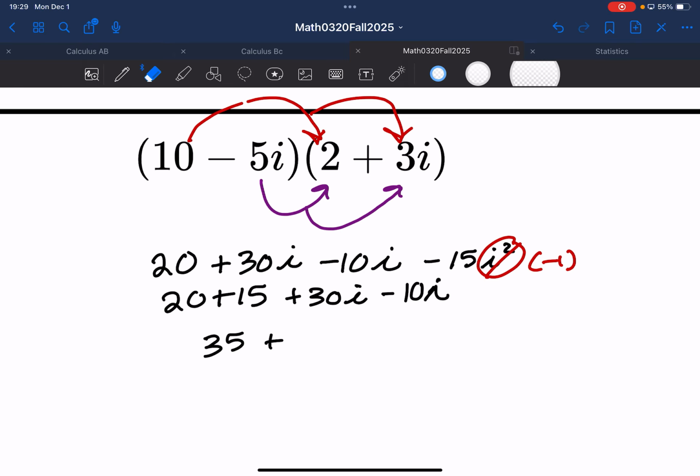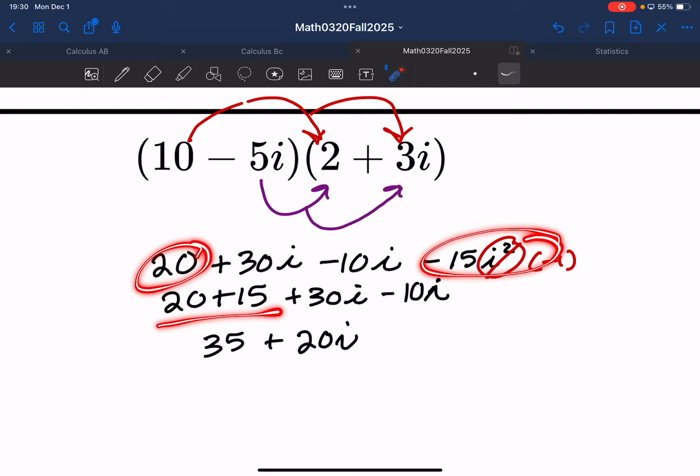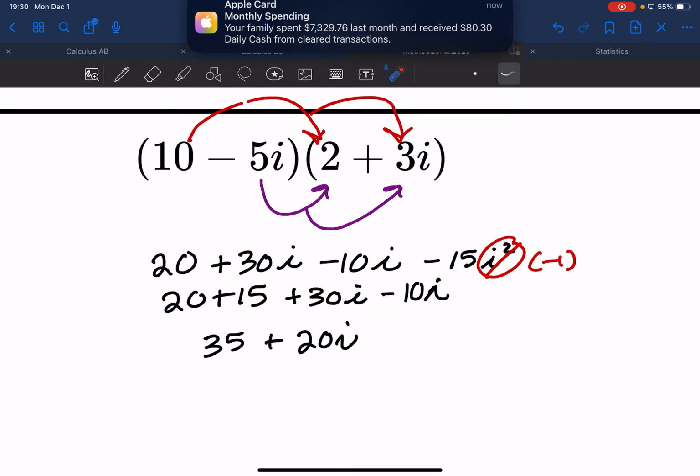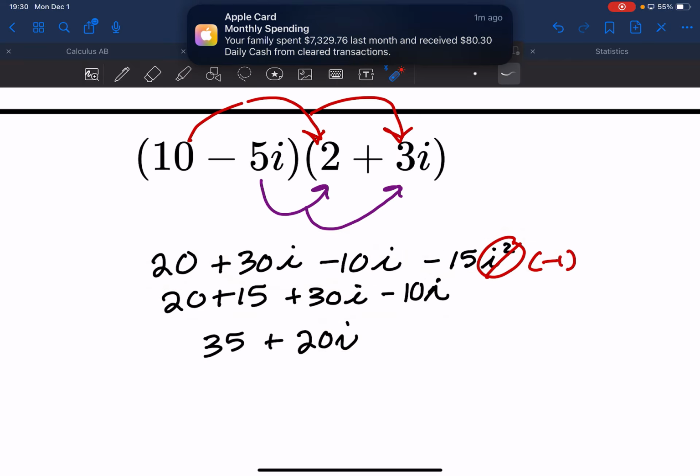So technically it's plus 20i. Thank you. So you subtracted the 30 and the 10, so it made it 20. Yeah, because I did the 20 and the positive 15, I rewrote it, and I just brought this down. And then 20 and 15 is 35. 30 minus 10 is 20. Right? Okay.